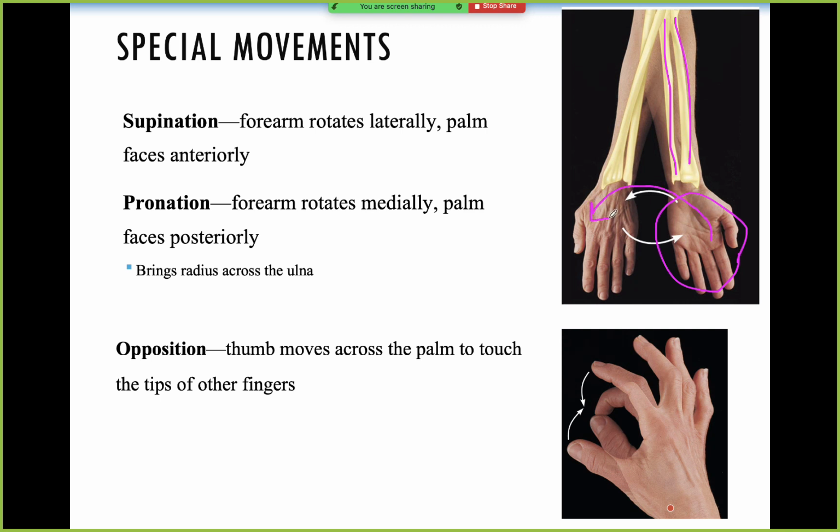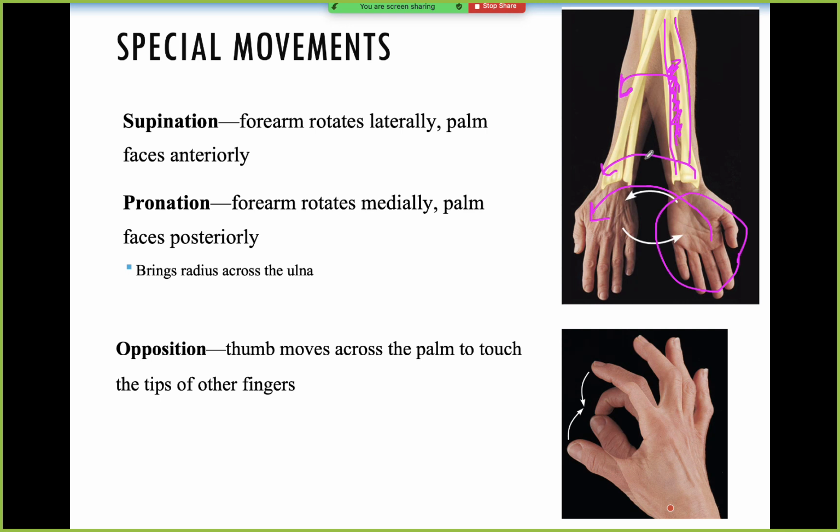I want you to notice that the radius rotated around the ulna, and now they're in a rotated and crisscross shape. If you remember, we talked about the interosseous membrane, and I said it is not immovable. It provides a little bit of movement. That's this movement right here, the ability of these bones to rotate about one another.